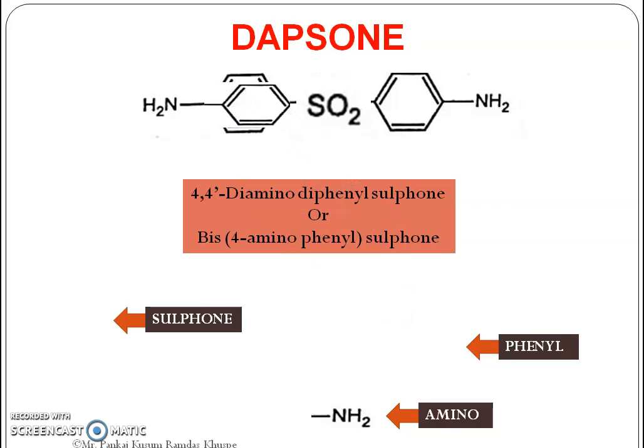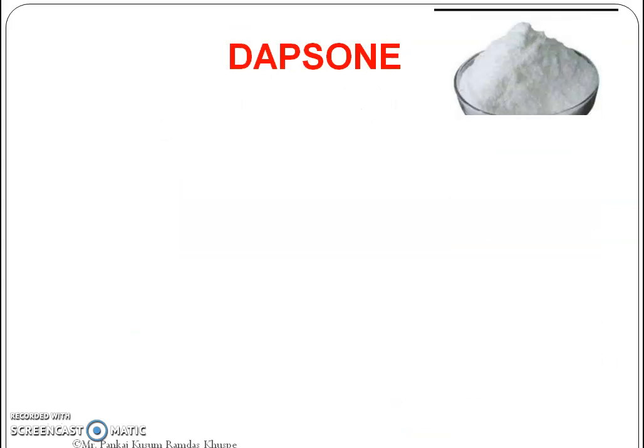So diphenyl is present on sulfone. With this, one more group is present on each phenyl at the 4 position, that is the amino group, one at the right and one at the left. So the two amino groups, two phenyl groups and sulfone lead to the name of dapsone as 4,4'-diamino diphenyl sulfone.